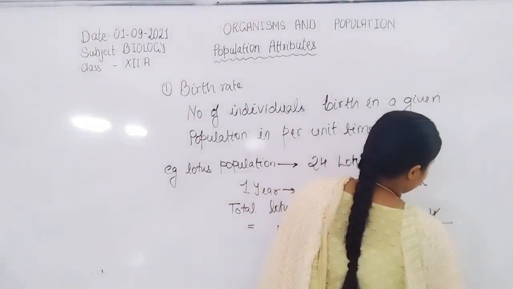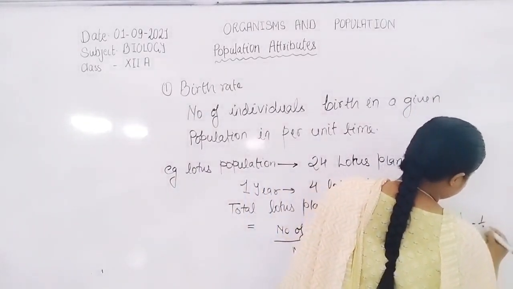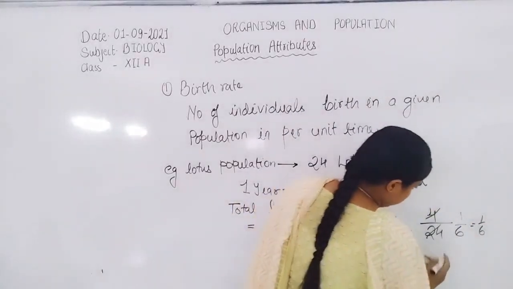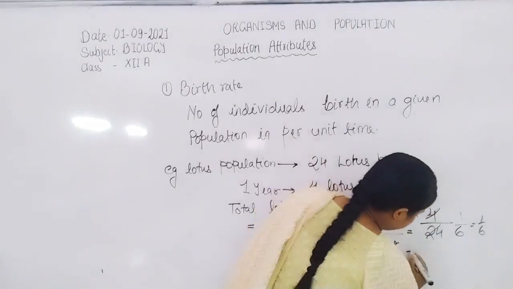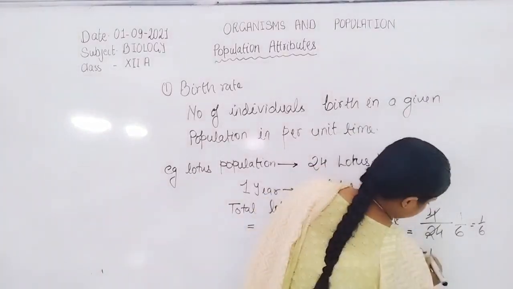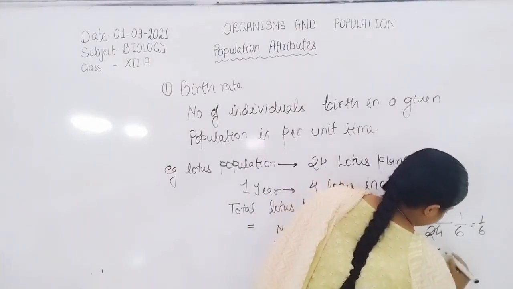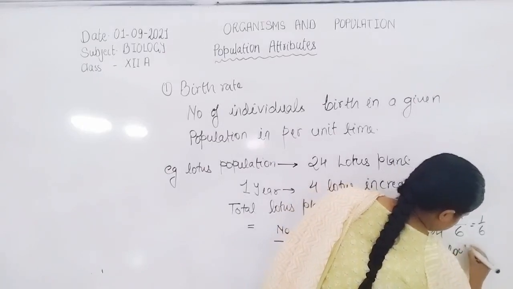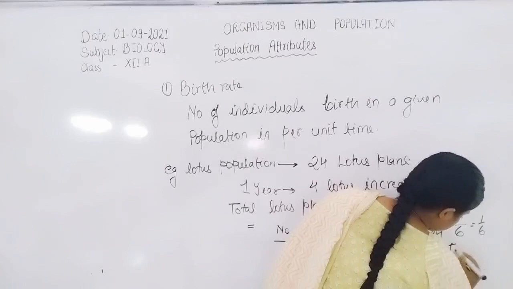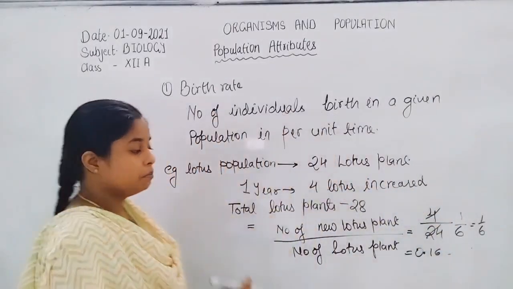So if we calculate 4 by 24, that is 1 by 6, or we can also write it as 0.16 individuals per year.